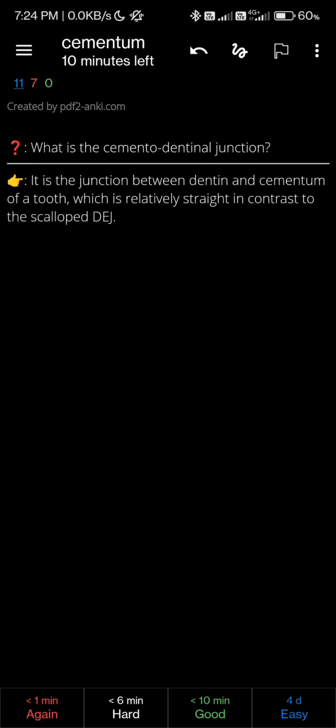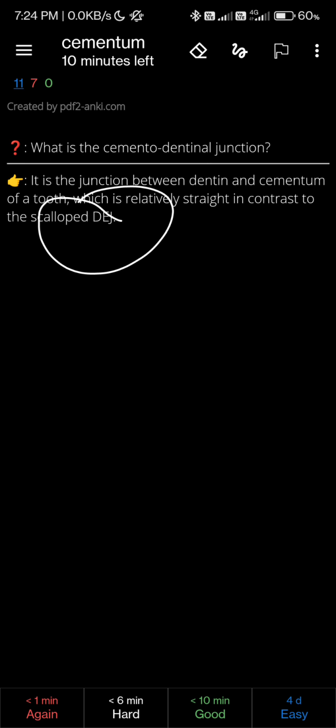What is the cemento-dentinal junction? It is the junction between cementum and dentine, which is relatively straight in contrast to the scalloped dentino-enamel junction.